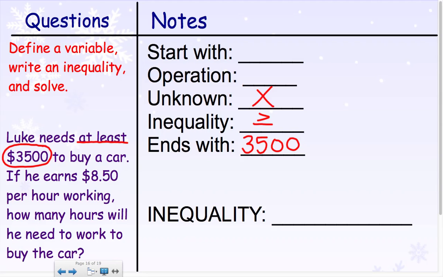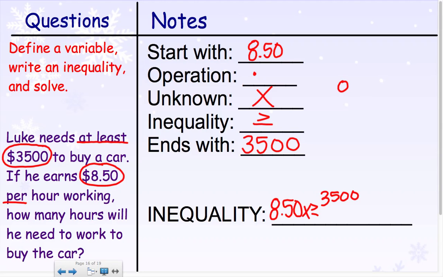We're starting with the other number, which is 850. And our operation this time, it's 850 per hour. Per means to multiply. So if I have 850 times x is greater than or equal to 3,500.